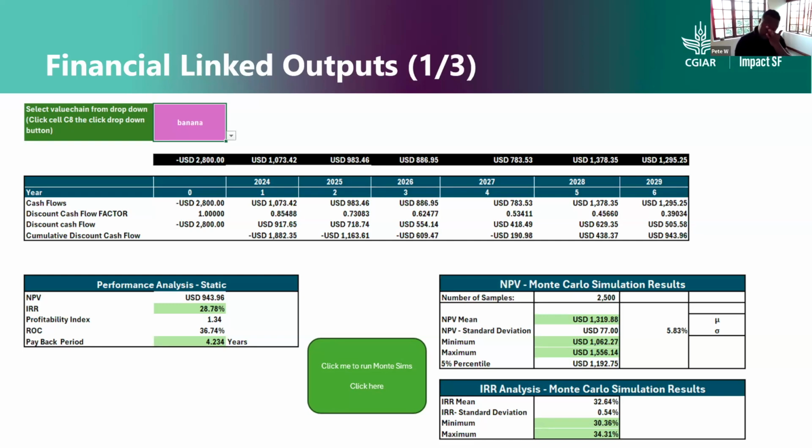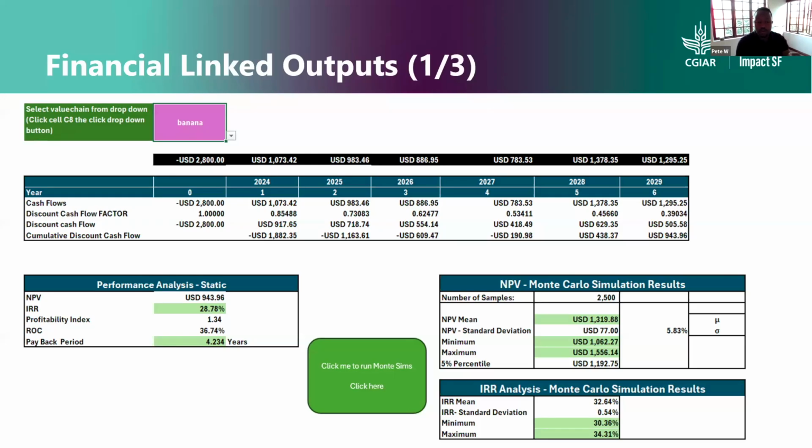And what I mean by that is we would be talking about our net present value. So we've done a particular engagement here looking at the net present value, which needs to be 943. The IRR, or the return for this particular engagement, would be around 28%.